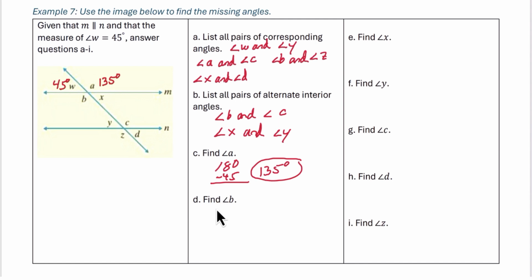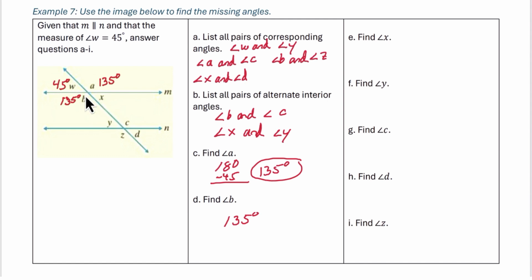Angle B, we can find, since we know angle A. Angle B is opposite angle A, and opposite angles have the same measure. So this must be 135 degrees. Angle X, we can find a couple different ways.